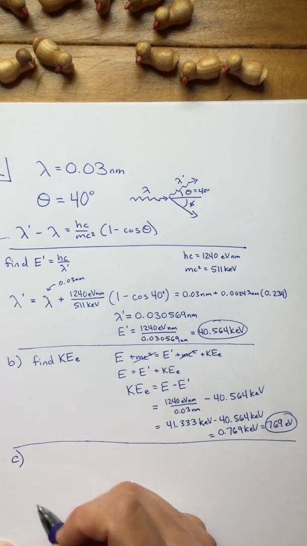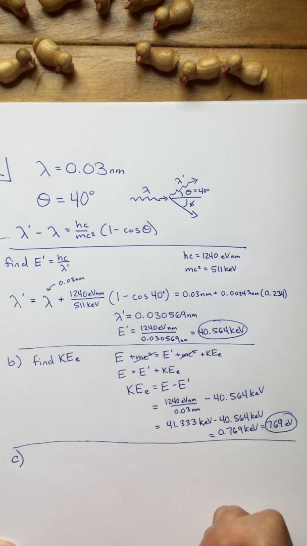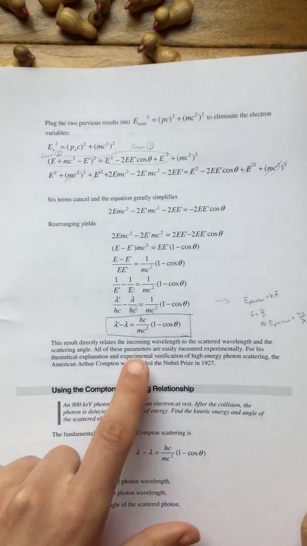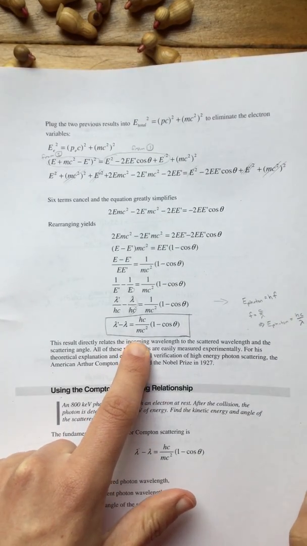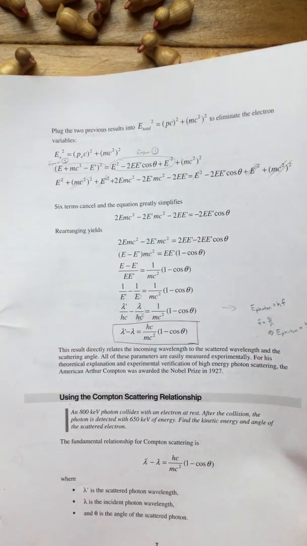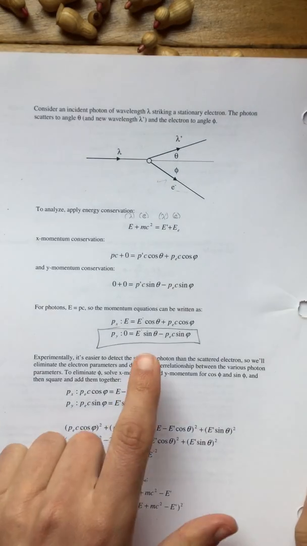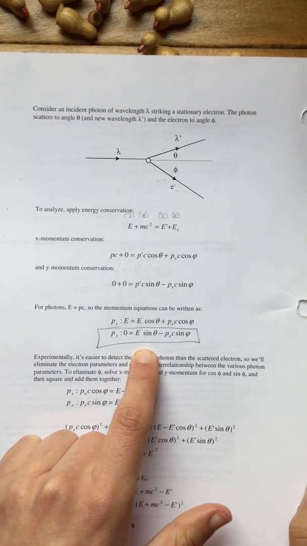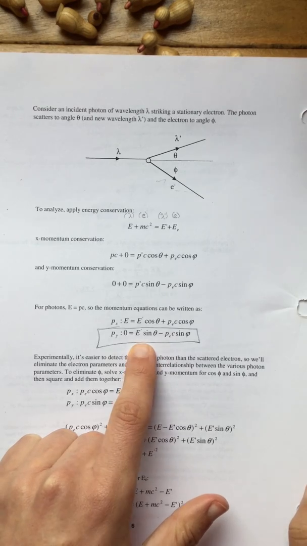We also want to find the angle of the scattered electron. Our equation for Compton scattering only has variables from the two photons, so if we want the angle for the electron, we have to go back to our momentum equation. And this is in the y direction.